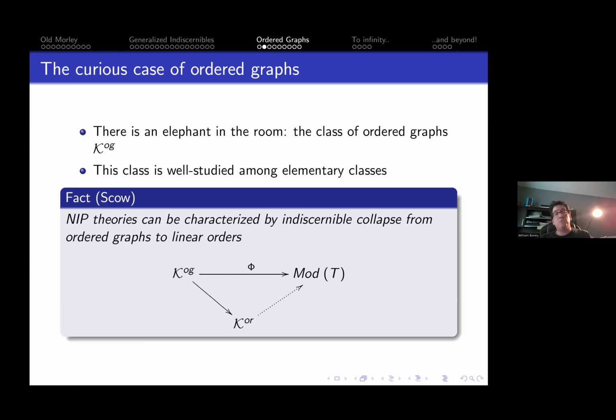And so this is the thing that first brought my attention to this idea of generalized indiscernibles, because it seems to suggest a way of generalizing these notions to AECs that seems less bogged down in the particulars. You're not talking about counting types, and then I worry about amalgamation and all this stuff. You're just talking about indiscernible collapse.